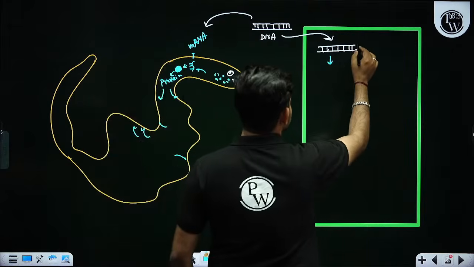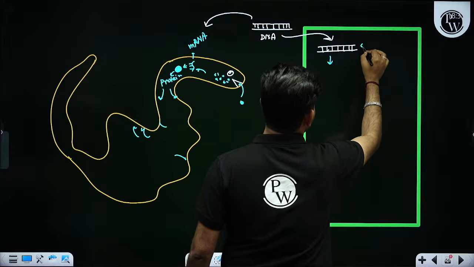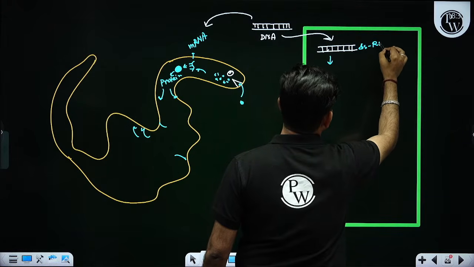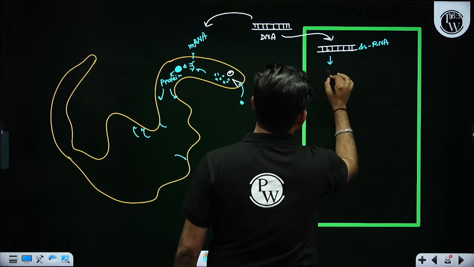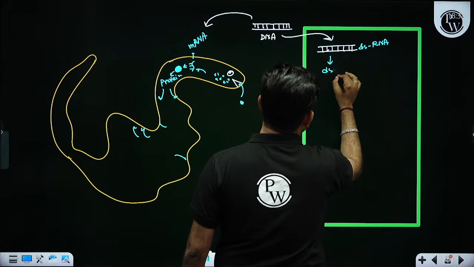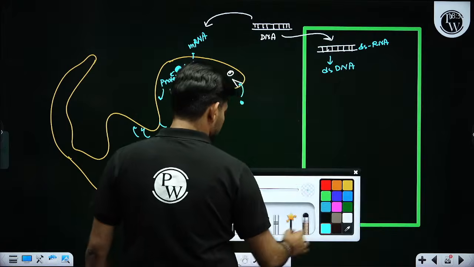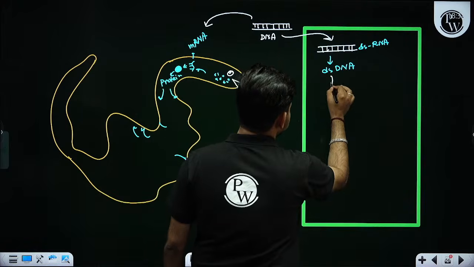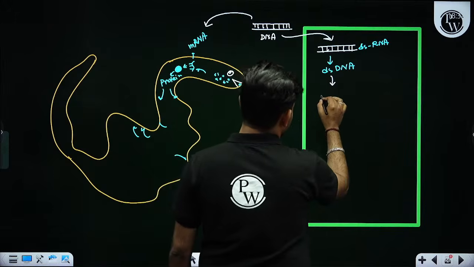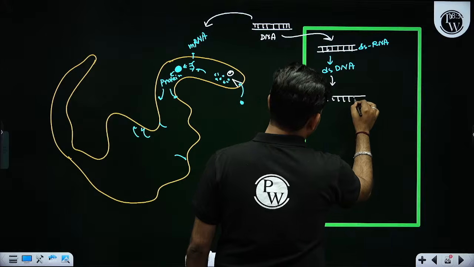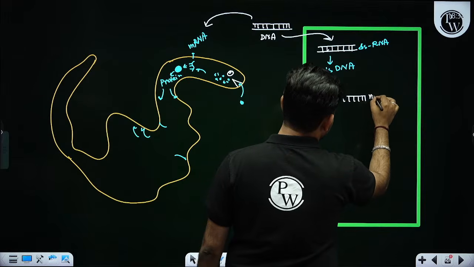These double stranded RNA are converted into double stranded DNA inside the cell. Now this double stranded DNA will produce mRNA by the process of transcription.